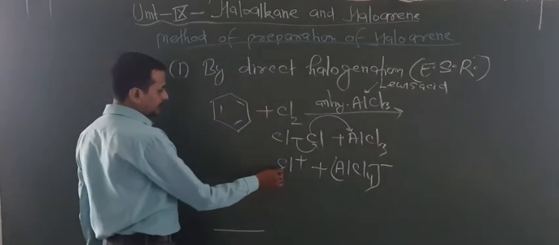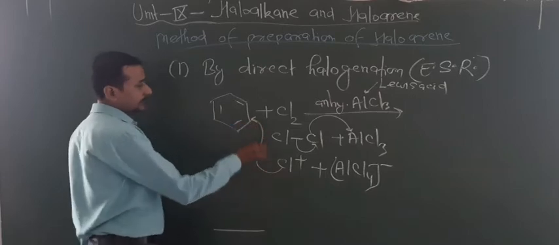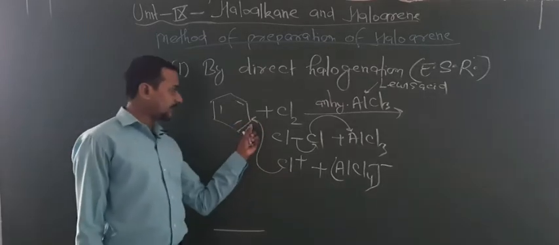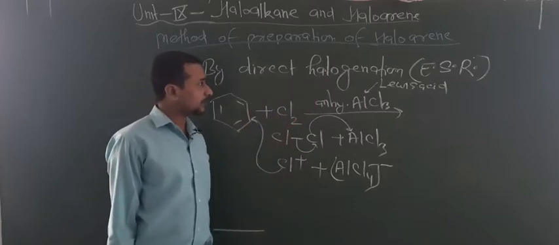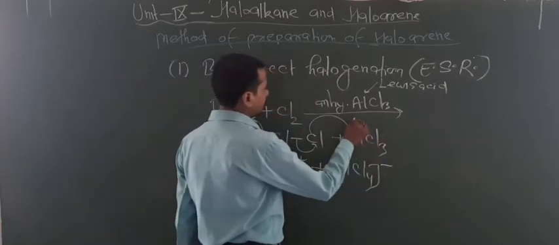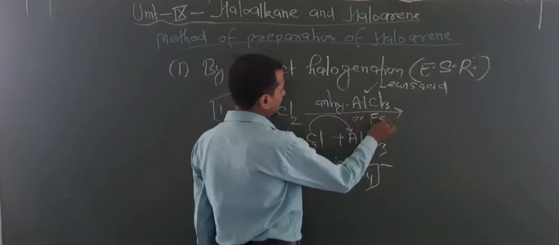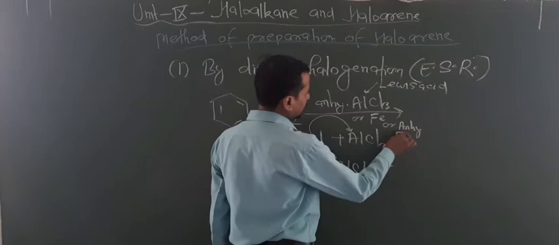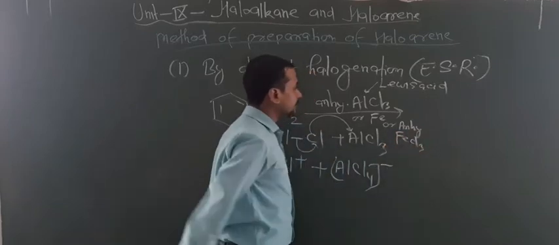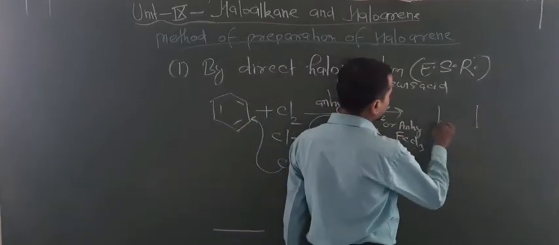That's why this Cl+ attacks the benzene ring and replaces one H. So that's why the name of the reaction is electrophilic substitution reaction. Here the catalyst may also be iron or anhydrous FeCl3. Now look at the answer.